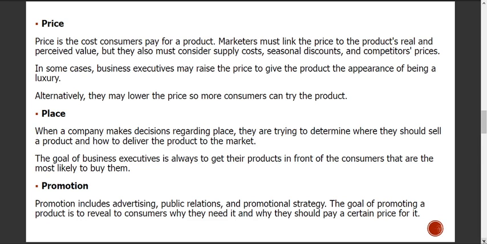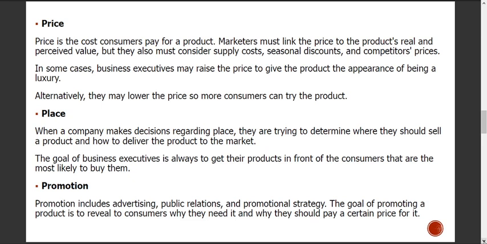Or are you trying to raise the price of your product to give it an appearance of being a prestigious commodity? Or are you going to sell at a lower price to attract more customers to buy your commodity? All that should be thought about when you're setting a price for your commodity.